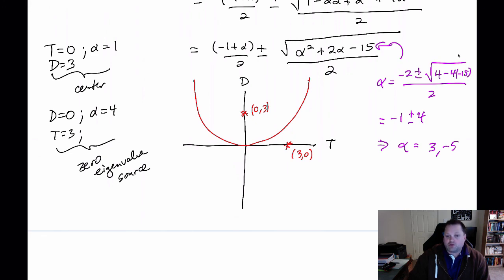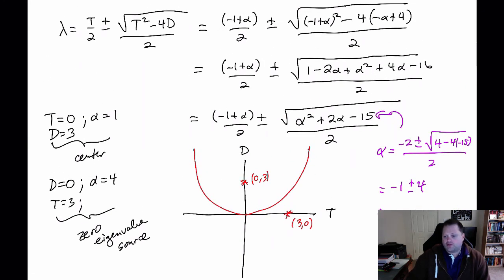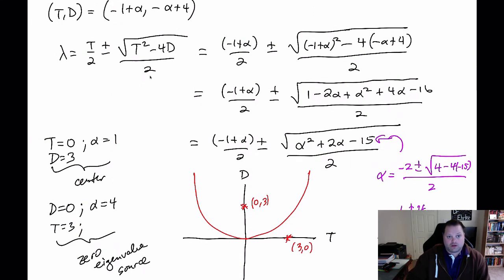Okay, so alpha equal to 3, or alpha equal to -5. If alpha is equal to 3, you can see here the trace is 2. So that's probably that point right there. That's alpha equal to 3. This was alpha equal to 4. This was alpha equal to 1.